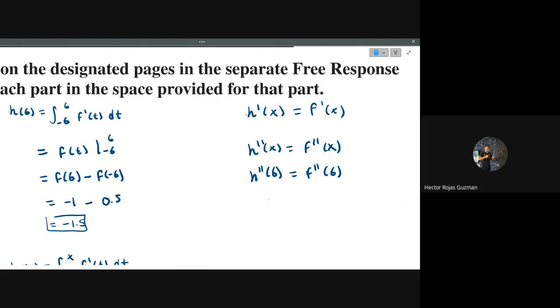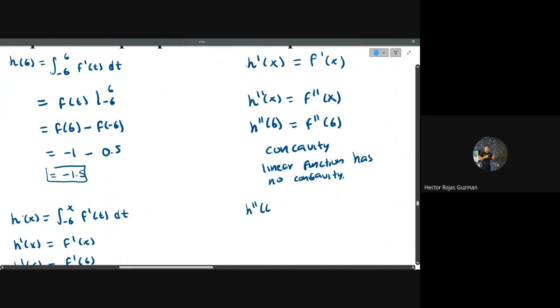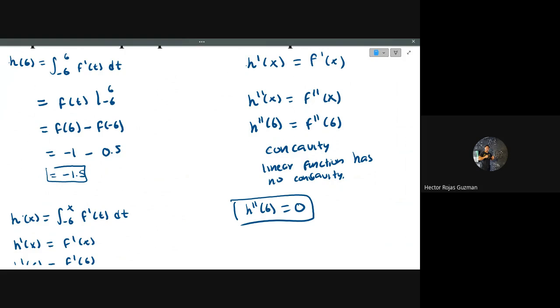The second derivative is talking about concavity. And a linear function has no concavity. So h double prime of 6 is 0. Just because it's a linear function, right? It's staying very constant.